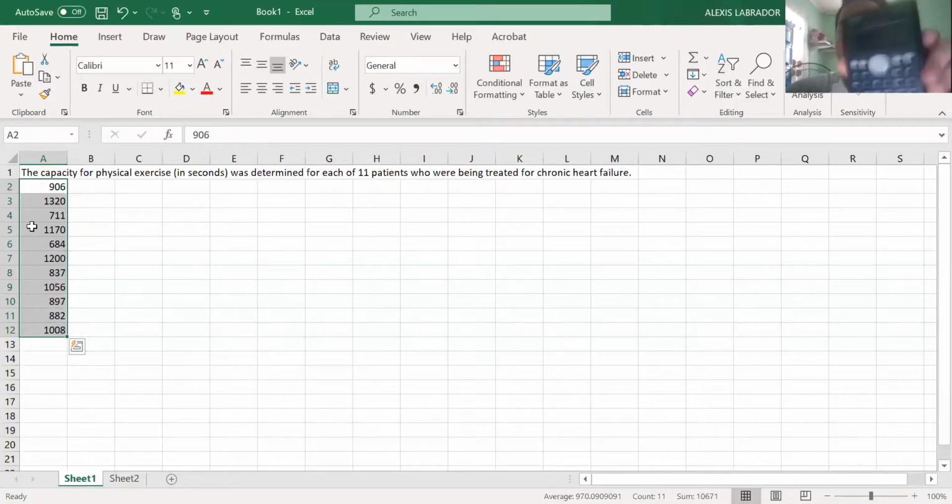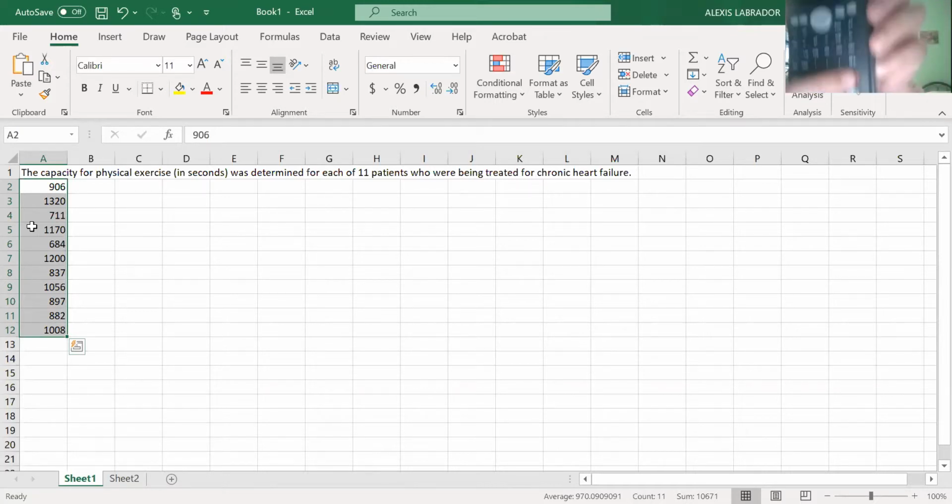Sabi natin kanina, we have 11 data. Kapag lumabas na yung number 11, ibig sabihin na-enter mo na lahat ng data for analysis. Then after that, press mo lang yung AC, and mag-appear yung 0.